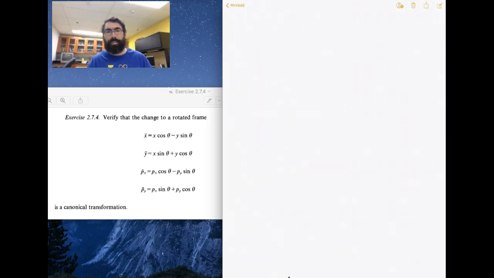So the last 2 Poisson brackets, we work through them, they should give us a 1.